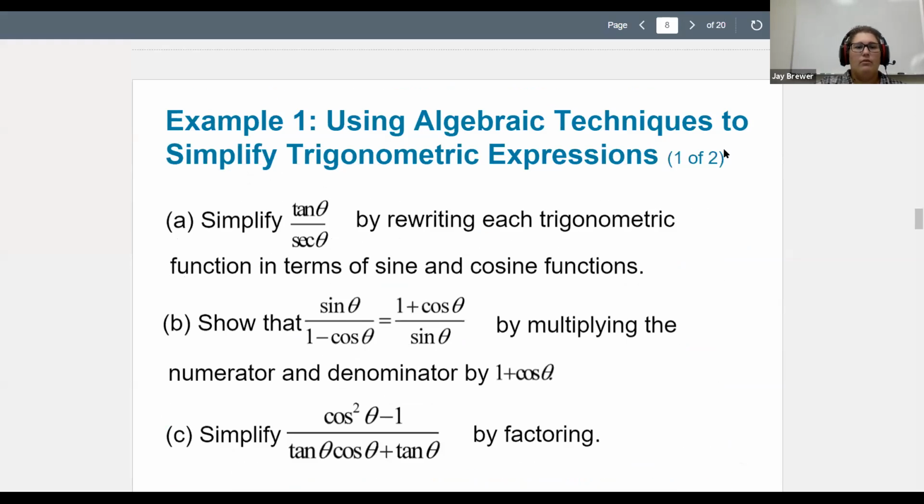All right. Oh, good. They're giving us some examples here. So if we had to simplify the tangent of theta over secant of theta by rewriting each trig function in terms of sine and cosine, how would you do that? What would you write down?